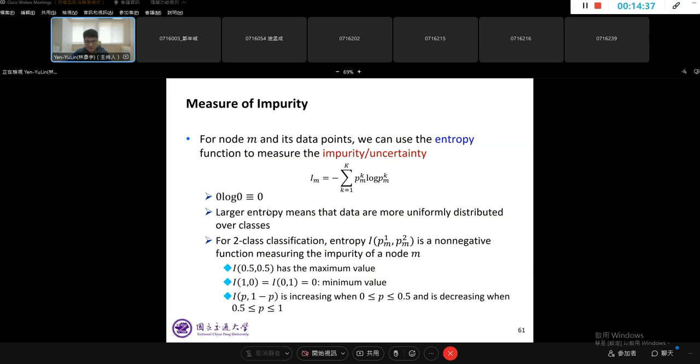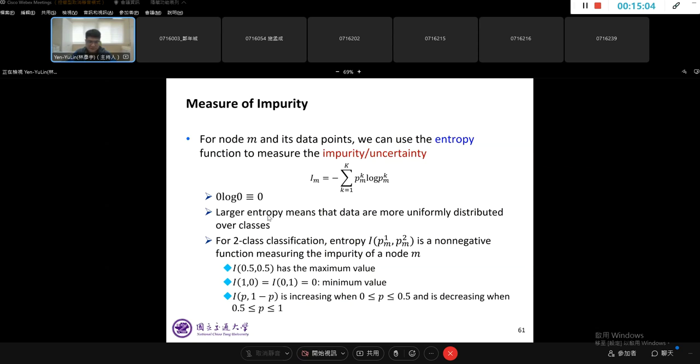Last week, we specified some properties of entropy. In general, large entropy means that data are more uniformly distributed over classes. In other words, it is not predictable because most classes have the same probability.